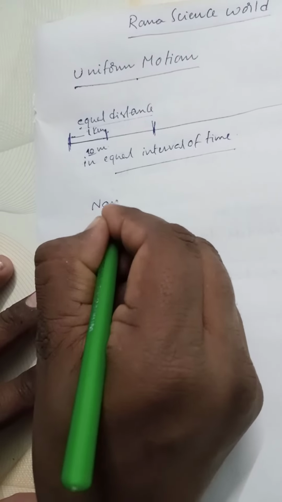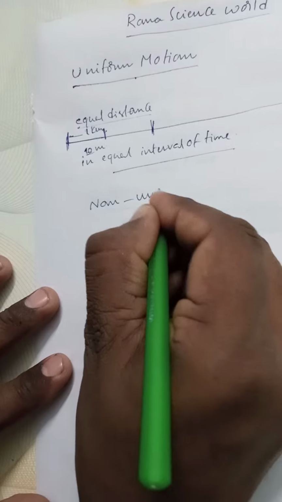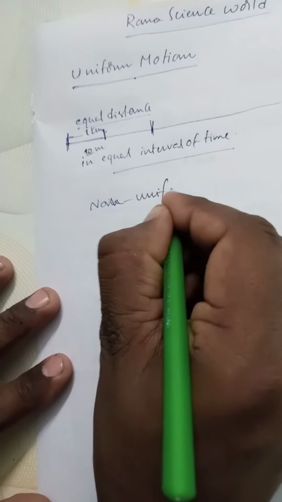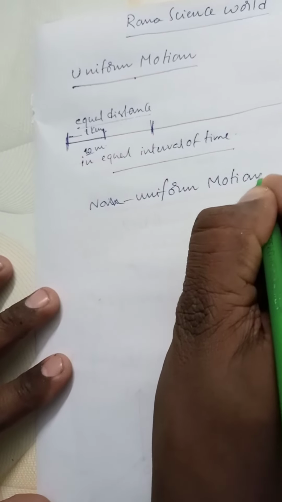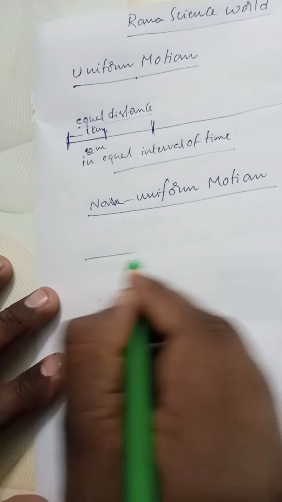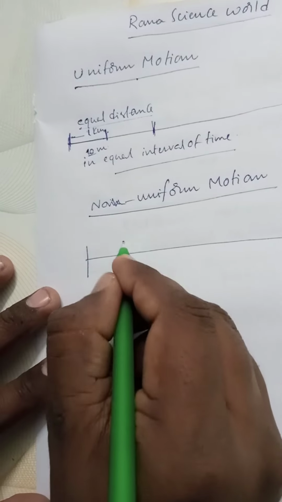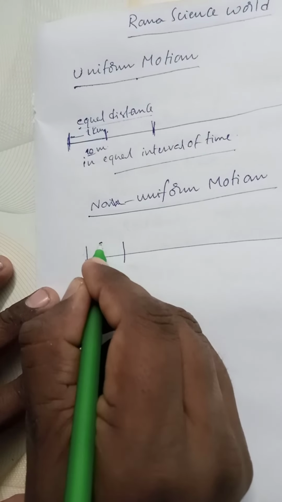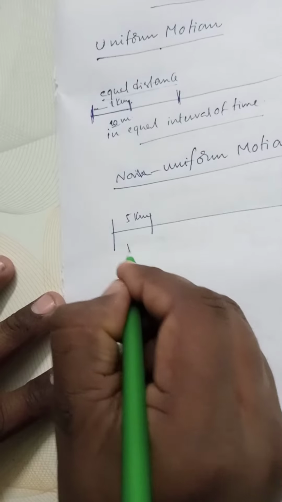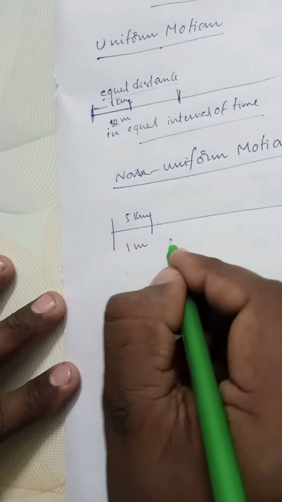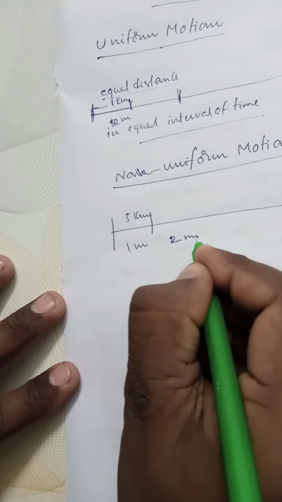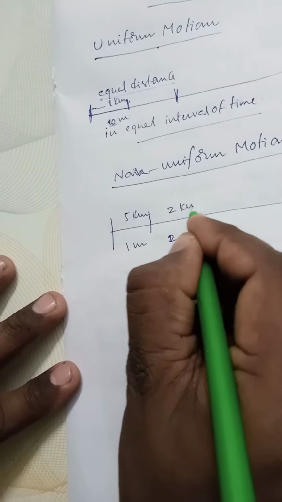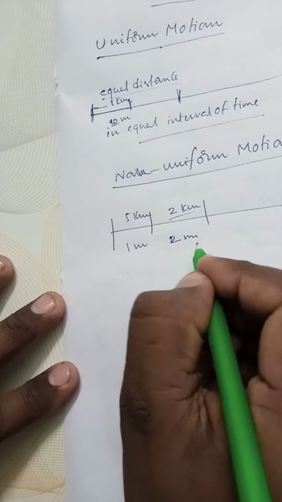Now let us discuss non-uniform motion: not equal distances are taken. For example, 5 kilometers in 1 minute, and in another journey 2 kilometers in 2 minutes.